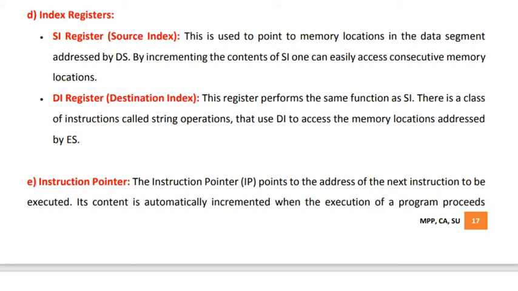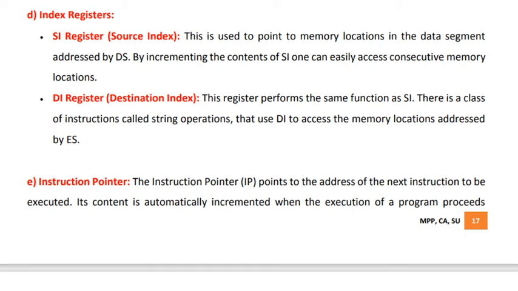The only distinction is that DI can be used to access memory of the extra segment while performing string related operations, that is, memory locations addressed by the extra segment. So both can be used to access the contents of an array.